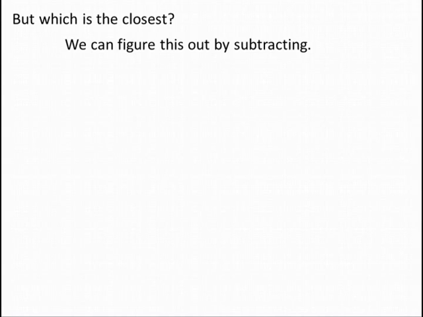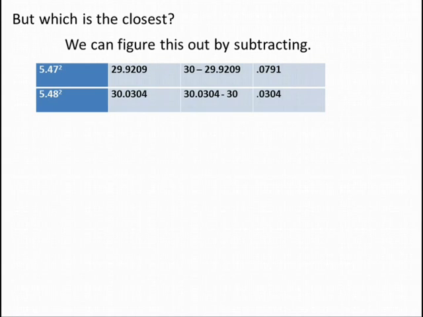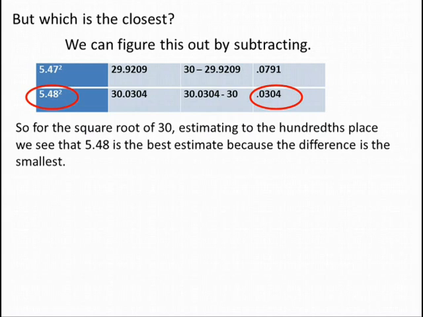We can figure this out by subtracting. 30 minus 29.9209 is 0.0791, and 30.0304 minus 30 is 0.0304. The smallest difference reveals the number that is closest. So for the square root of 30, estimating to the 100ths place, we see that 5.48 is the best estimate because the difference is the smallest.